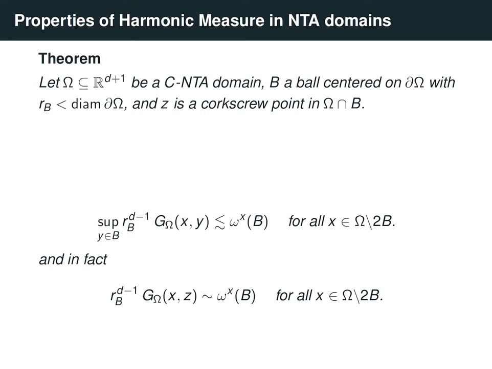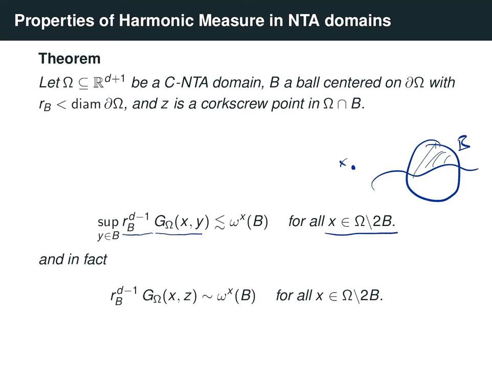The first says that if we look at Green's function G of x and y, and we fix x to be some point outside 2B, so x is some point way out here and this is our ball B, then taking the supremum over y in this ball of G(x,y) times r_B to the d minus 1 is at most the harmonic measure of this ball with pole at x.